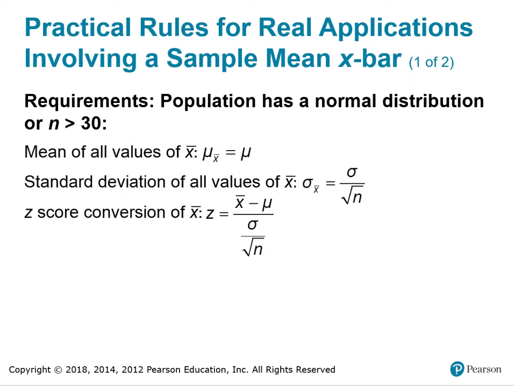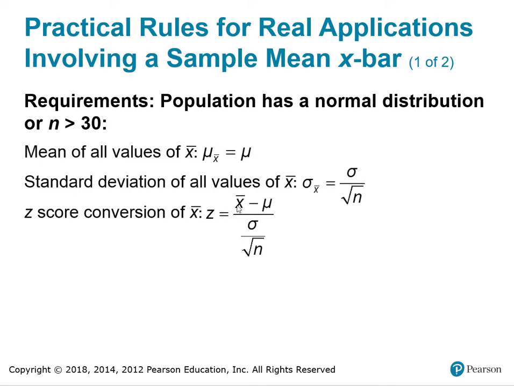All right, so let's take a look at applying the normal distribution. Something to note is that the sample mean now gets moved from the population mean of all sample means, which actually just equals the population mean. The standard deviation of all values is the standard error of the mean.